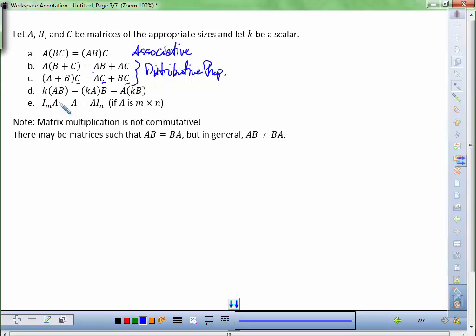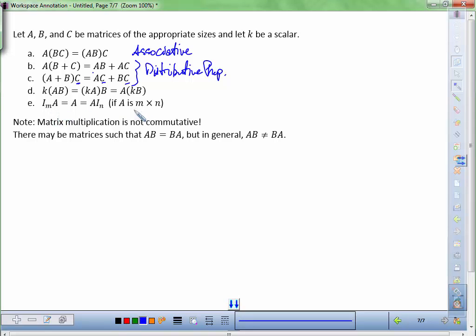The scalar floating around the matrix multiplication is kind of like the vector dot product, that scalar can move around. So you can decide to scale a matrix or factor out a scalar from a matrix, and that might be useful in some computations. And then the identity matrix. So the matrix A does not have to be a square matrix for this identity property to work.